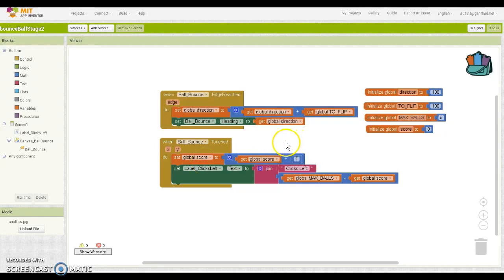I'm accumulating all of those values whenever I touch the ball on the screen. I'm going to reset that global score, and it's going to accumulate all of the touches that I've been able to achieve with hitting that ball. I hope that helped you.